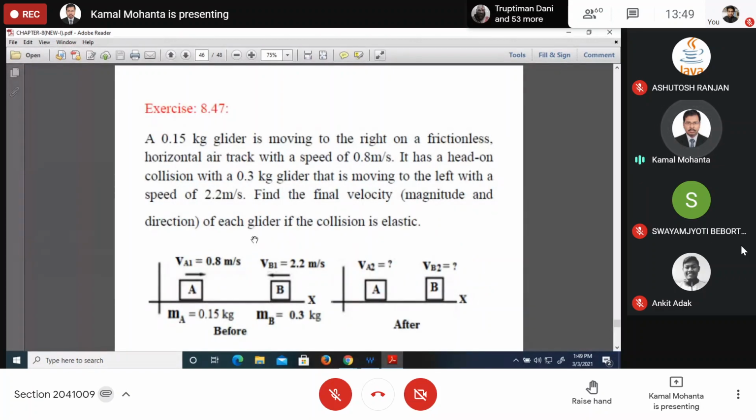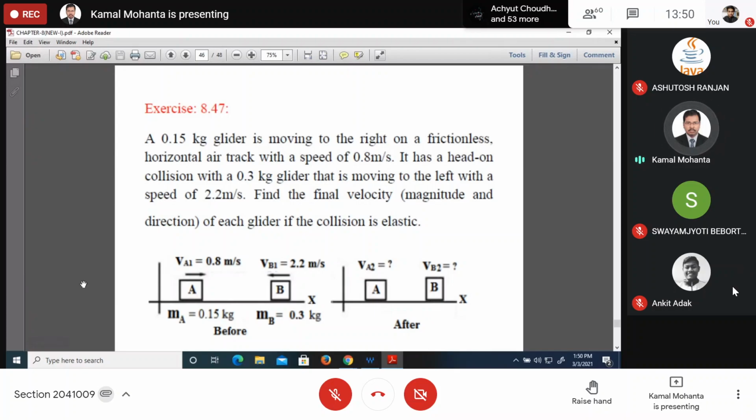A 0.15 kg glider is moving to the right on a frictionless horizontal air track with a speed of 0.8 meter per second. It has a head-on collision with a 0.3 kg glider that is moving to the left with a speed of 2.2 meter per second. Find the final velocity, both magnitude and direction, of each glider if the collision is elastic.